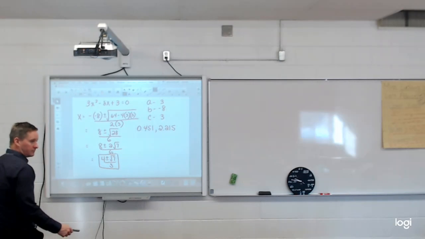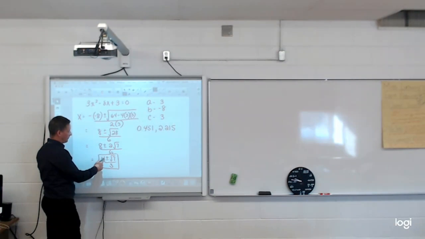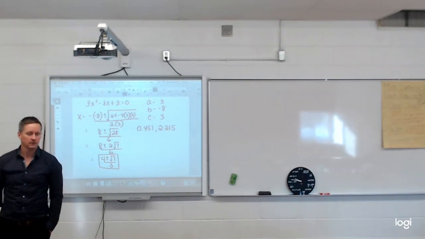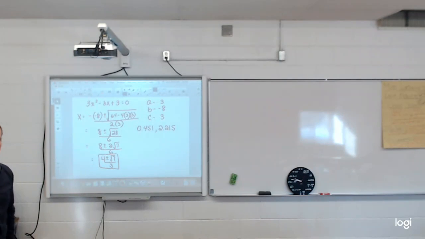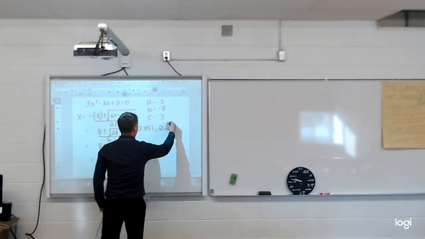Now, here's what I want you to do. Punch this into your calculator. 4 plus root 7, hit equals, and then divide by 3. And what do I get? 2.215. So I got that one right. Okay.